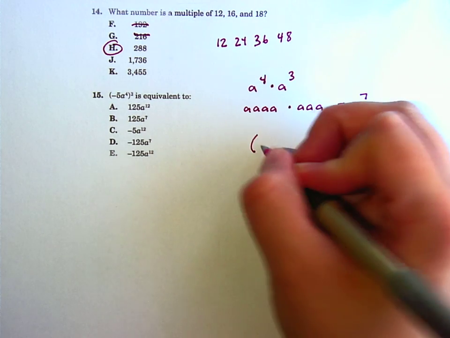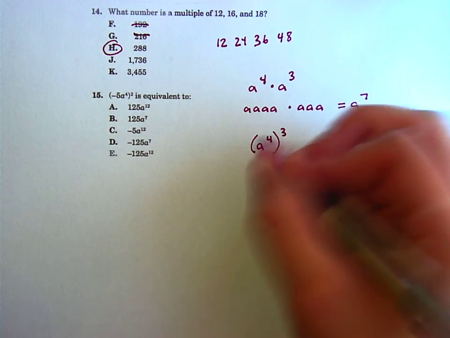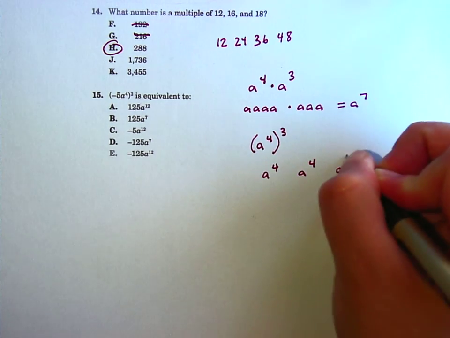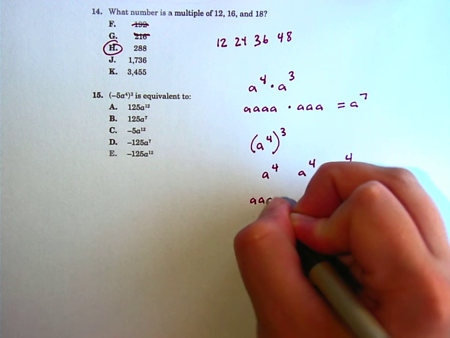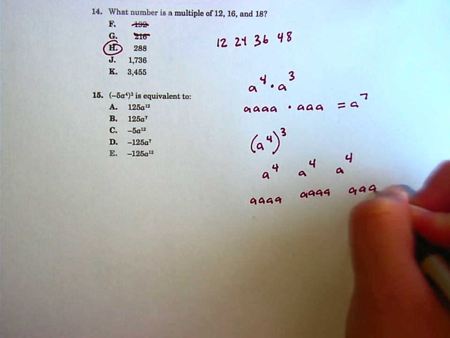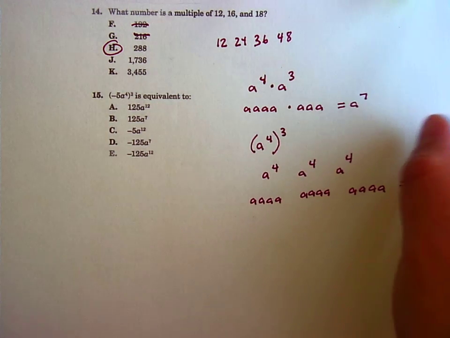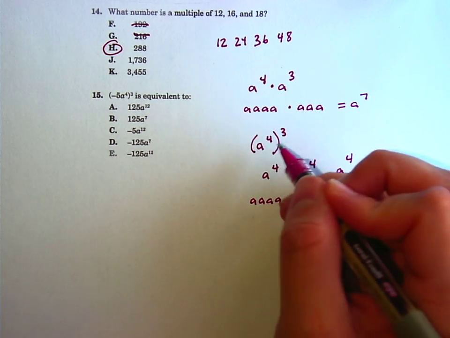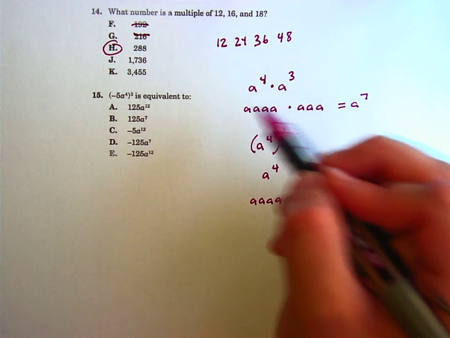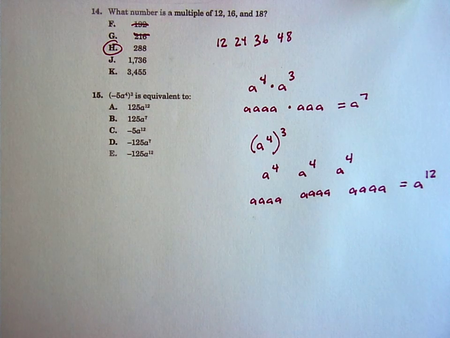Now, if you had something like this, a to the fourth to the third power, what that actually means is that there are 3 a to the fourths, so that is 12 a's. So in this case, when they're outside of these parentheses, that's when you multiply. But when you're just multiplying the bases, that's when you add the exponents.